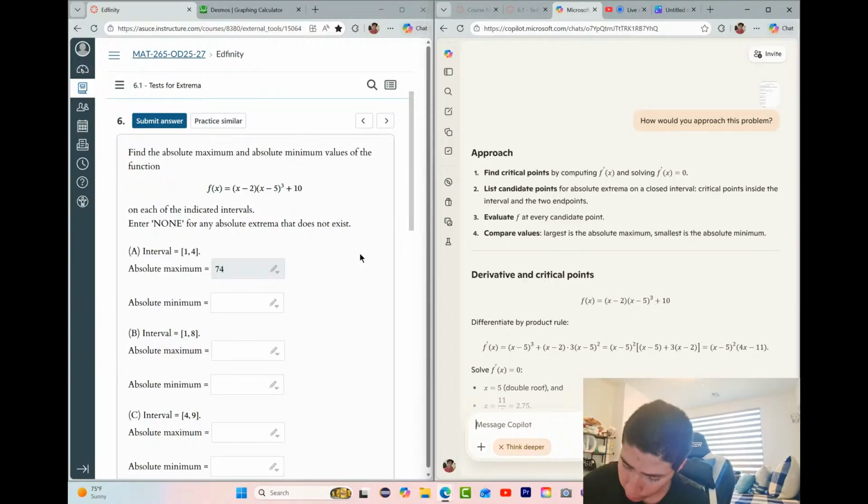So the product rule is going to be, gotcha, perfect.